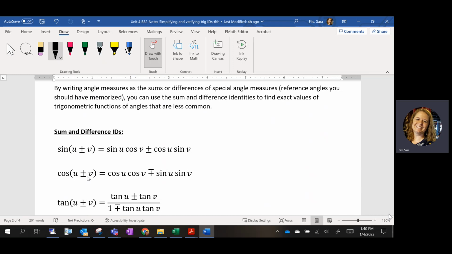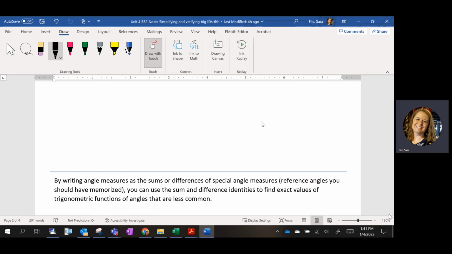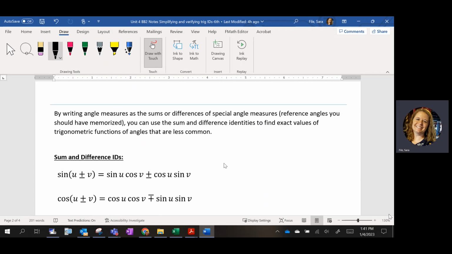But you can go ahead and take a look at it if you wanted to, but definitely try these 3 check for understandings for that front side and work on some of your ALEX. That 7-question ALEX assignment from yesterday is due tomorrow before midnight. So I would try and get some of that done, or some more of that done if you've already started. Okay, so then tomorrow we'll finish up talking about sum and difference, and we'll move on to the 3rd page as well.